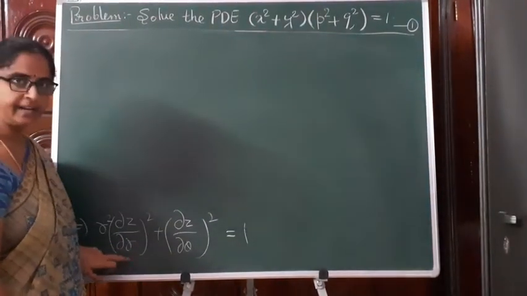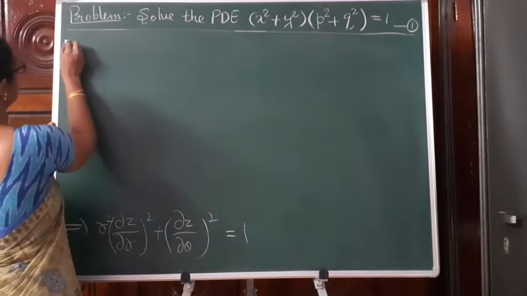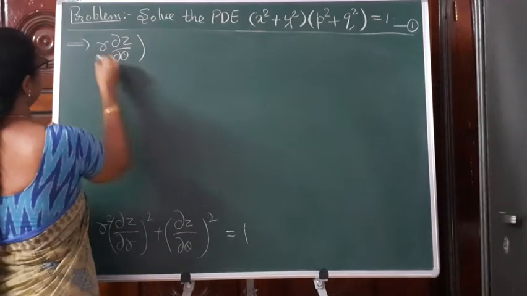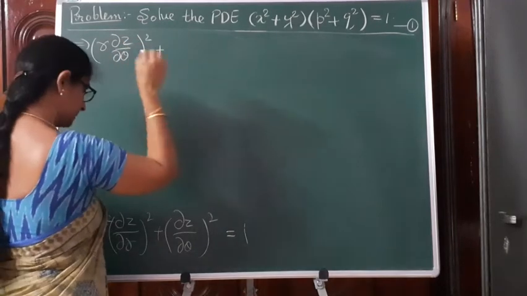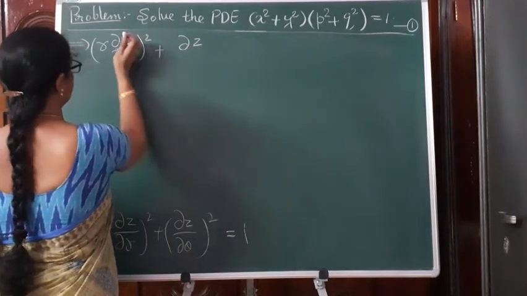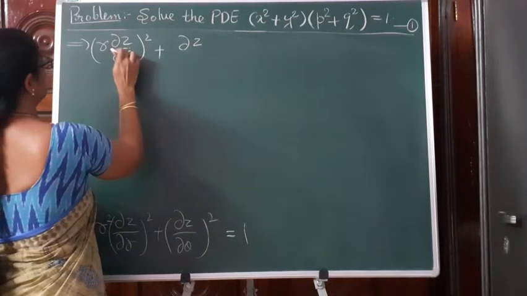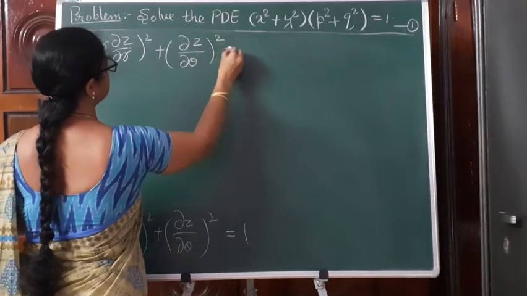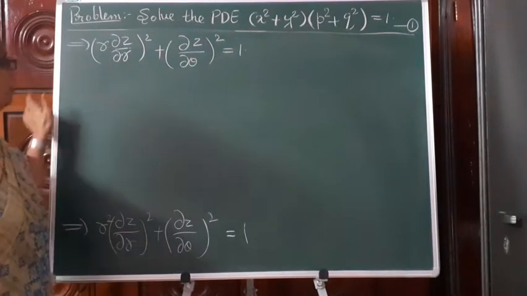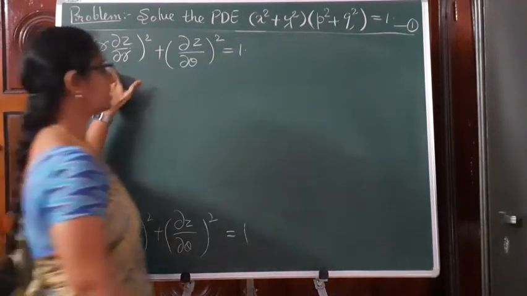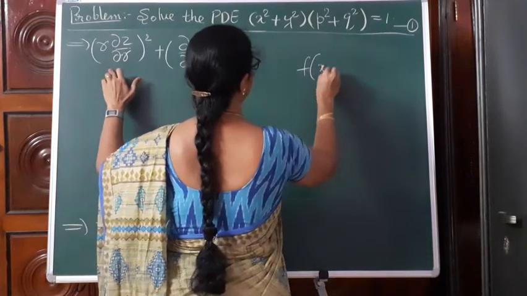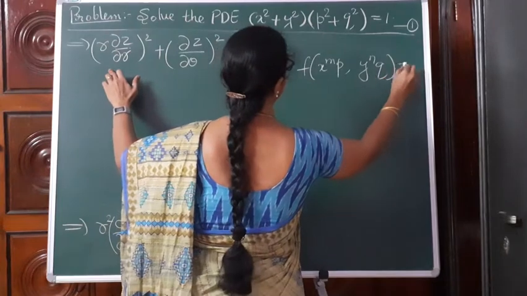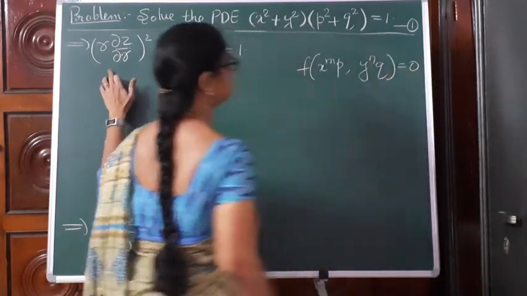Now we can write this partial differential equation as r dou z by dou r whole square plus dou z by dou theta whole square is equal to 1. Now this equation resembles f of x power m into p comma y power n into q is equal to 0.